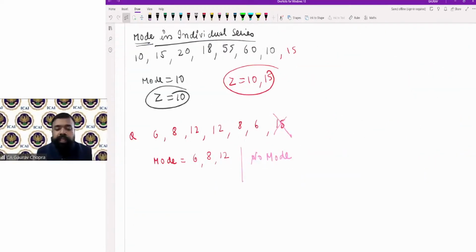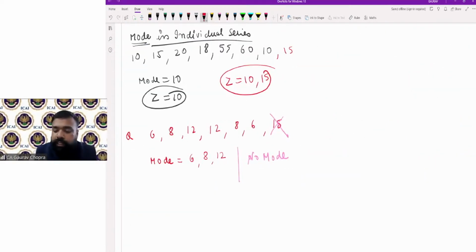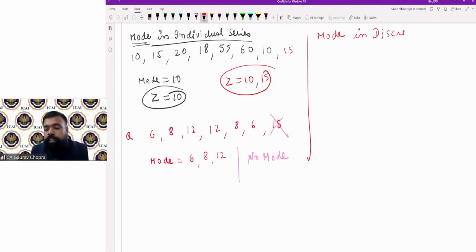Then mode in case of discrete series. Now, in case of discrete series, X and F both are available. Values are given 10, 15, 20, 25, and 30.